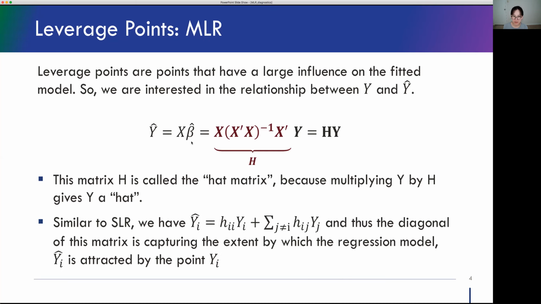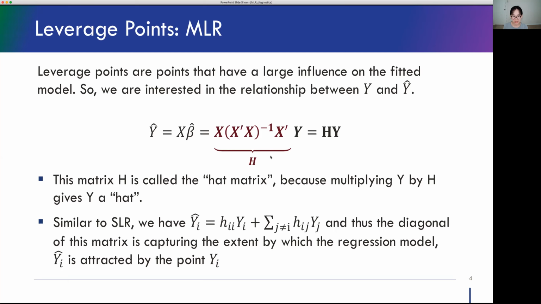We just plug in this beta hat, this part, and you get H times y. And this H in this whole thing is called the H matrix, or sometimes we call it the hat matrix, because multiplying y by this hat matrix will give y hat. So we get y hat when we do H times y.